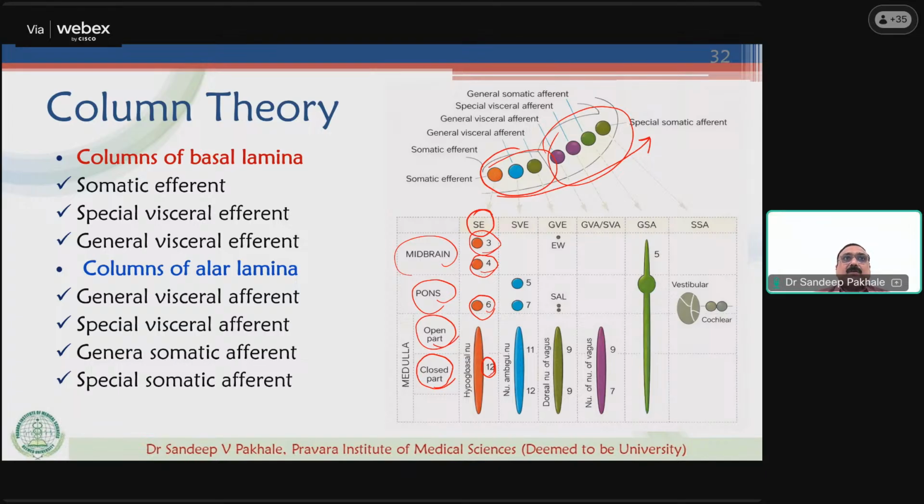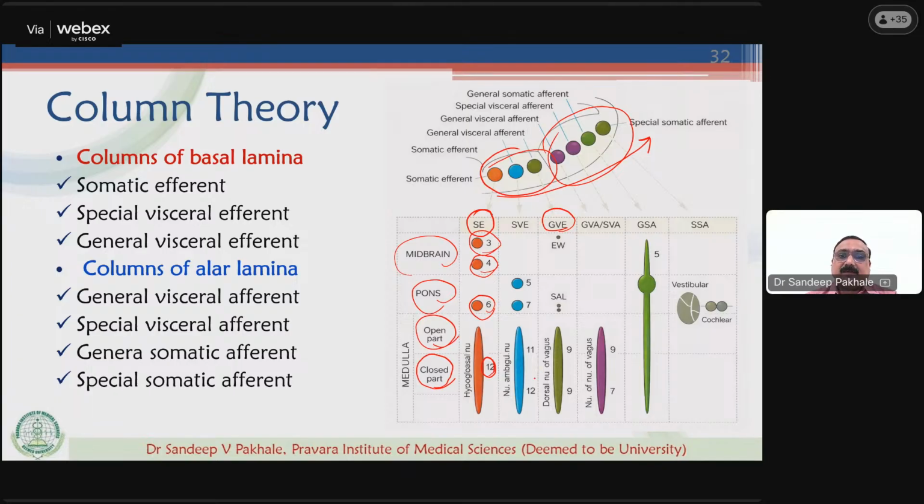The second column is special visceral efferent, supplying the muscles derived from pharyngeal arches, that is the nucleus ambiguus. Then general visceral efferent supplies the smooth muscles and glands.